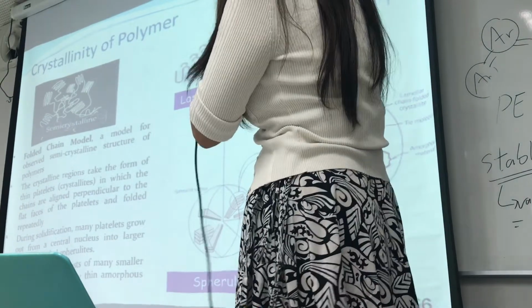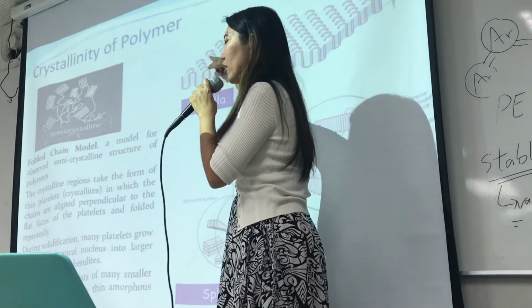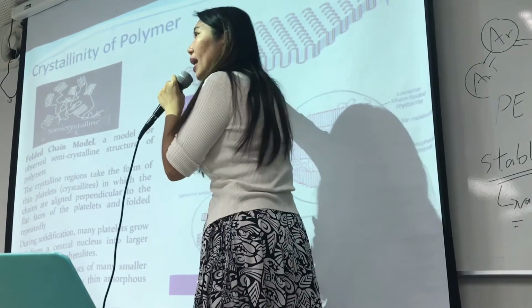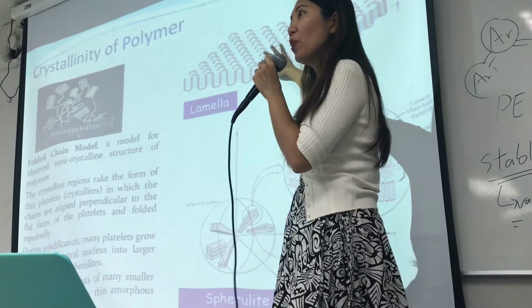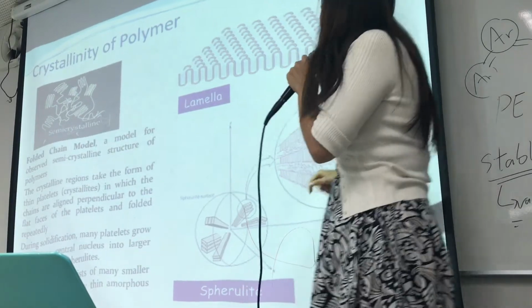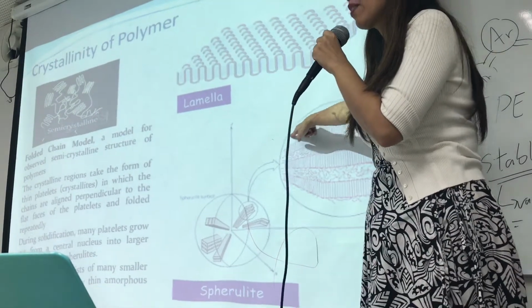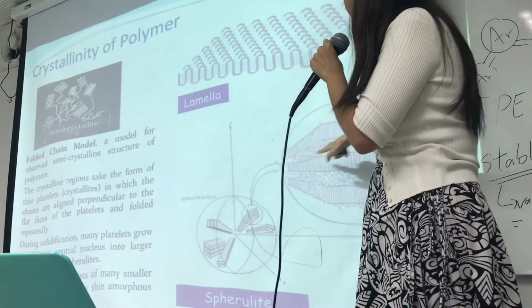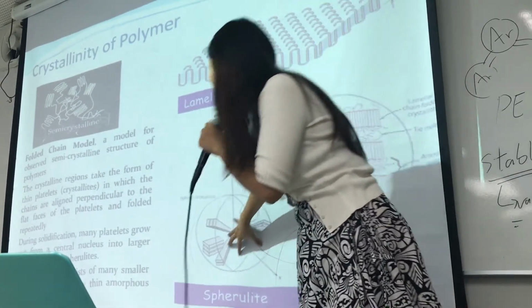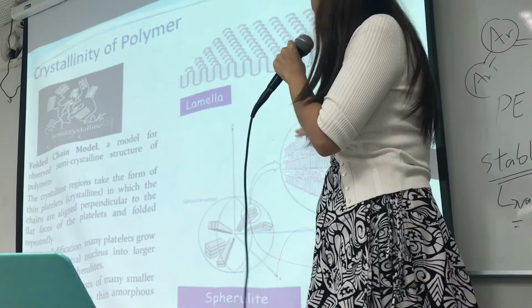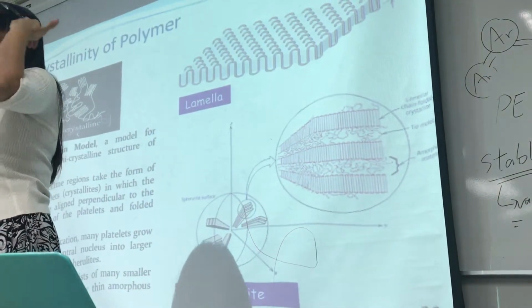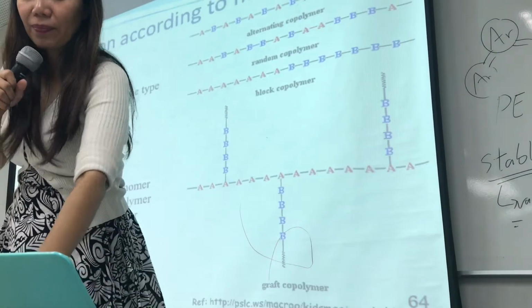Right? And in this case, if the chain is arranged in order, we call it lamella, and it looks like the instant noodle that we didn't boil yet. Then you see the crystalline parts and then amorphous parts, crystalline, amorphous, and when they accumulate together, we can get a spherical shape called spherulite. Okay.